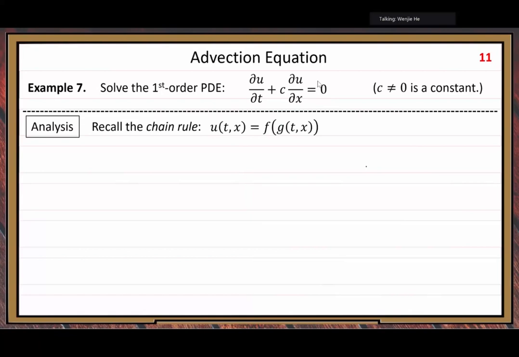What's the assumption? We assume this u function is a composite function. Chain rule, composite function. F of g: f is a one variable function, but the variable inside f is another function, g function of t and x.